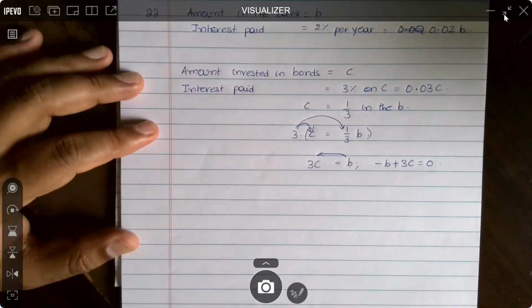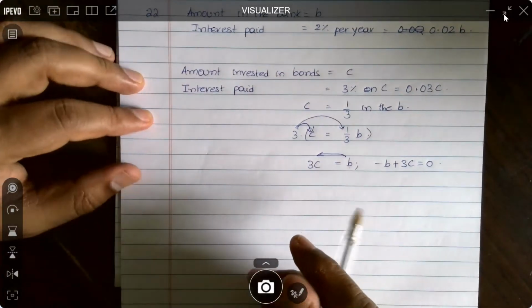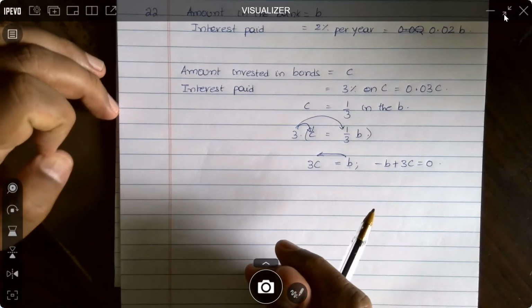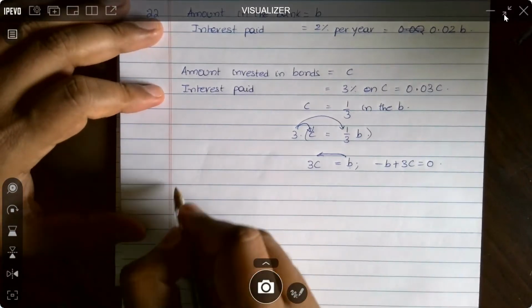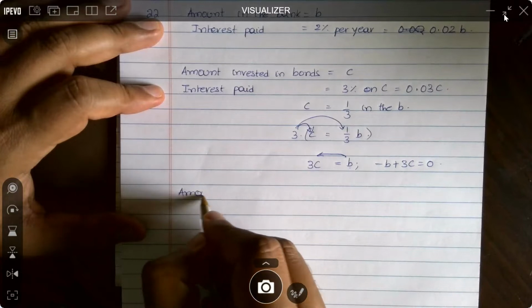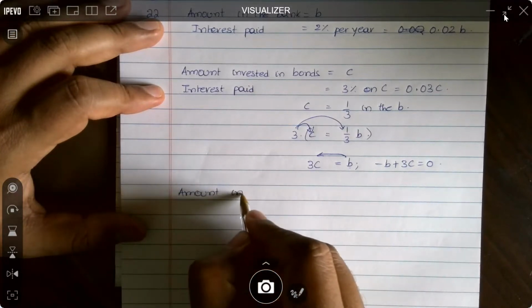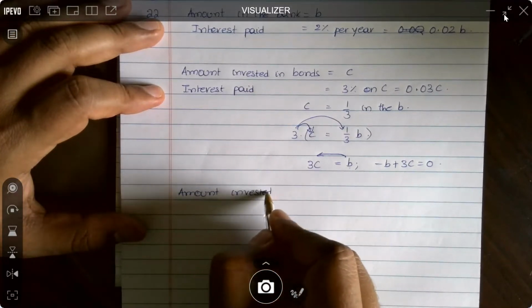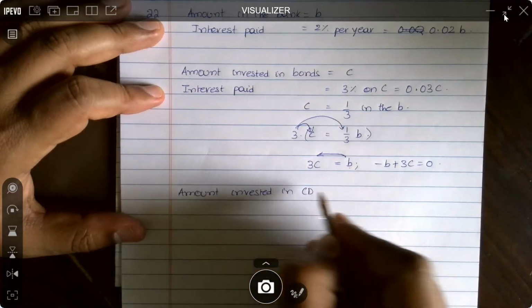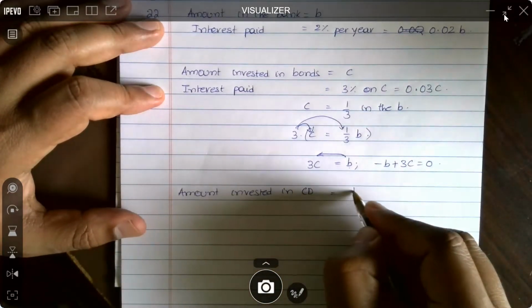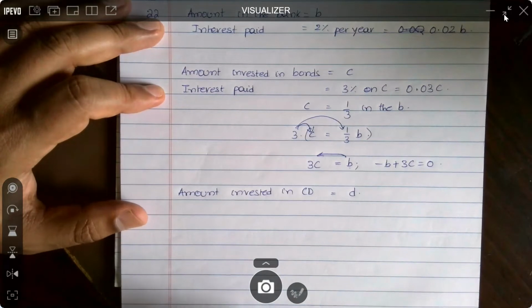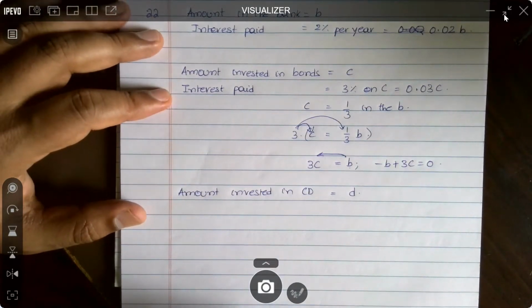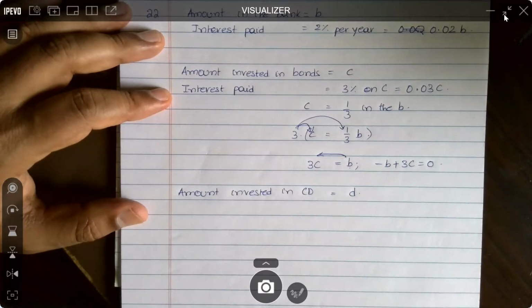Okay, so the next one is the amount invested in CDs, let's call this D, with the balance of the funds.